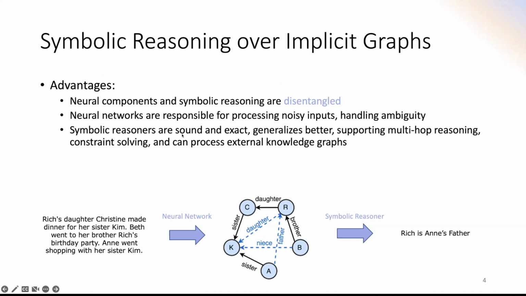On the other hand, discrete logic symbolic reasoners perform the reasoning so that it is sound and exact, and it can generalize better. They can support multi-hop reasoning, constraint solving and things like that. This is in contrast to a pure neural method, which directly takes in, let's say, natural language context and then predicts the relationship between entities, right?